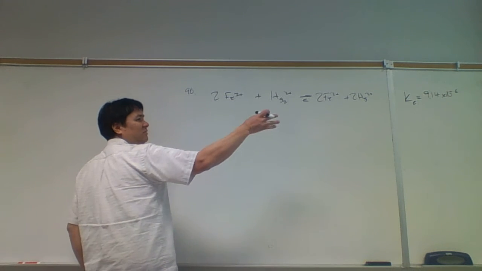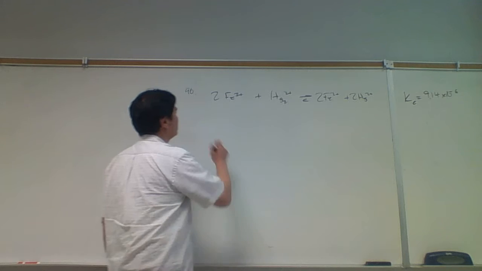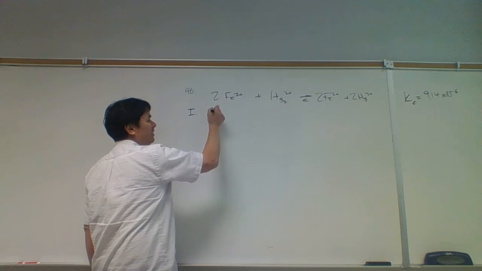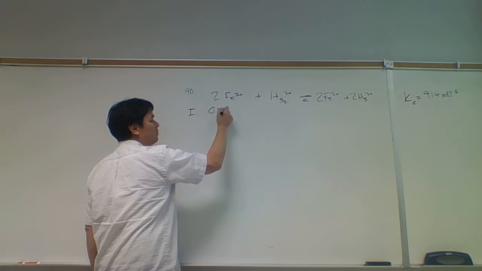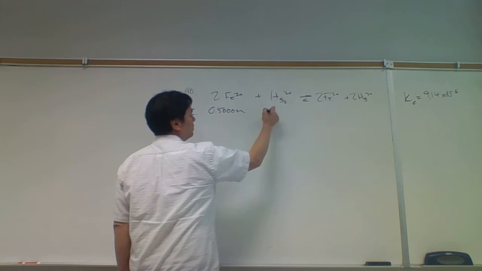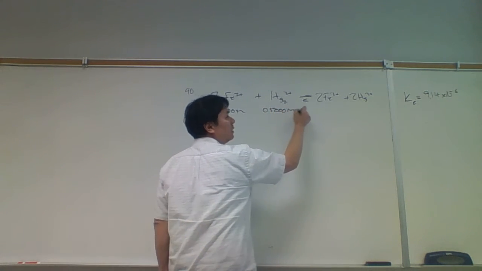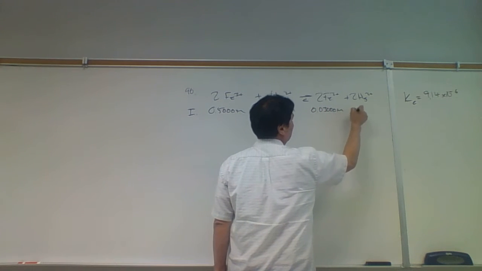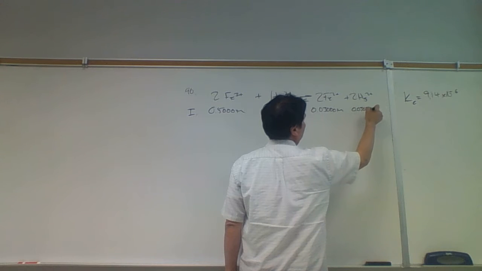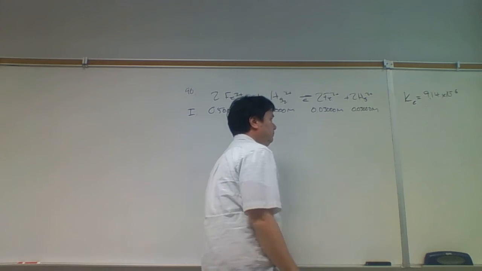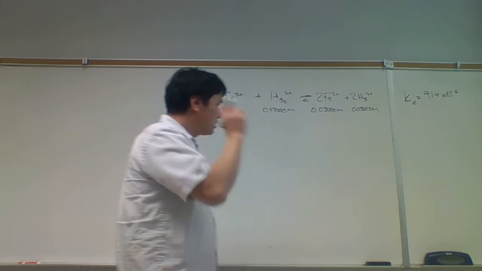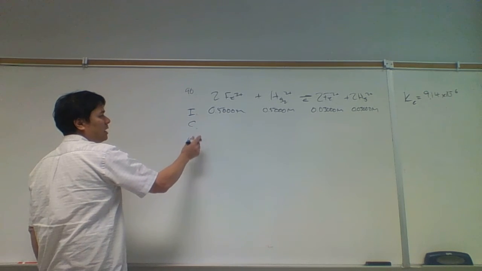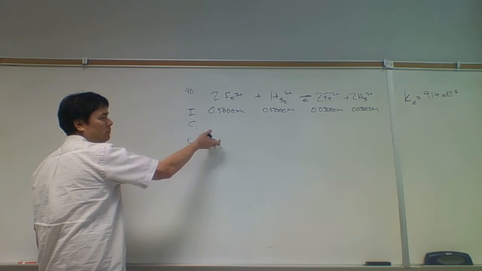But they give us initial concentrations. So we have the first row, I. For I, the reactants are going to be at 0.5 molar, and the products are going to be at 0.03 molar. Now, this is your standard Chem 1B stoichiometry problem. What we want to do is figure out, given these initials, what the equilibrium concentrations are going to be.